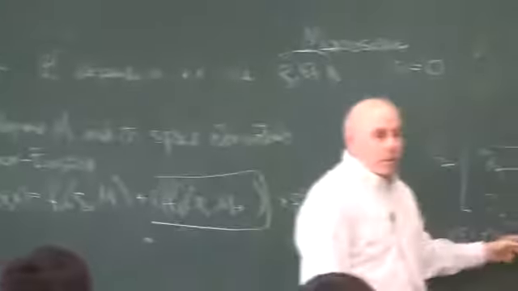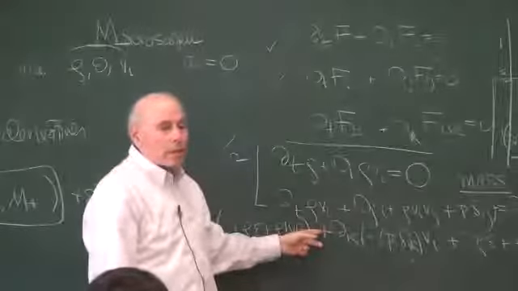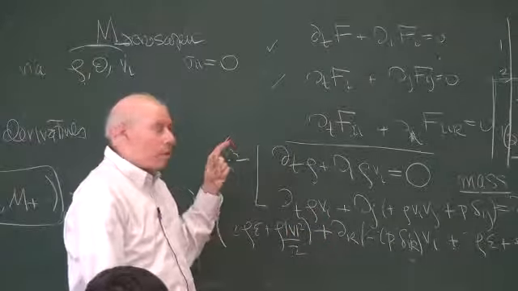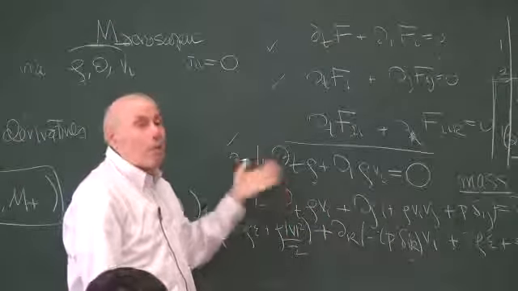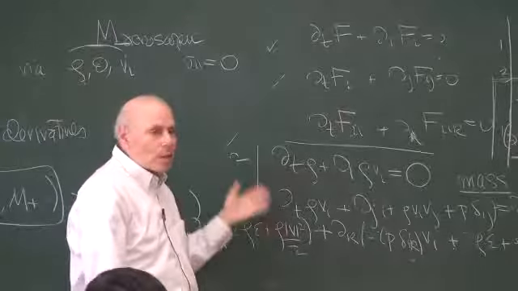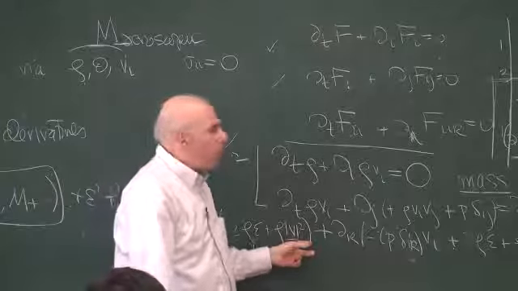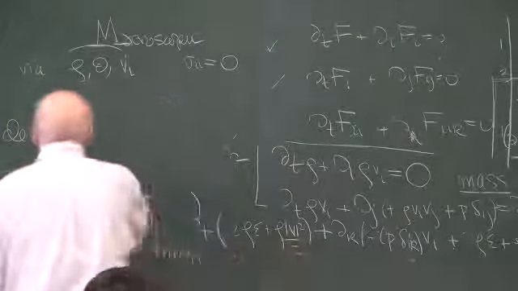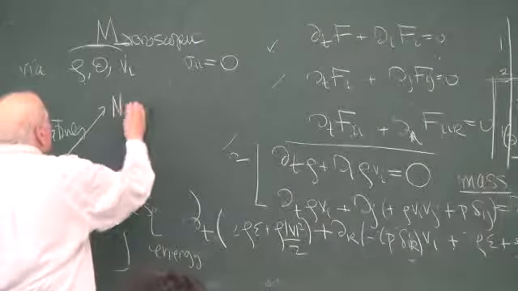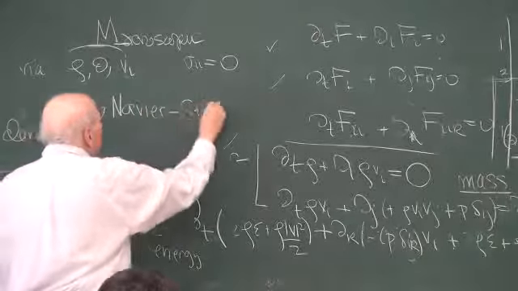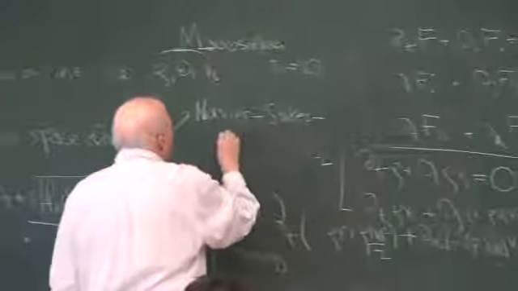Now they can compute the new correction to the Euler equations, formally, according to the formulas. And what do they get? They get Navier-Stokes-Fourier.